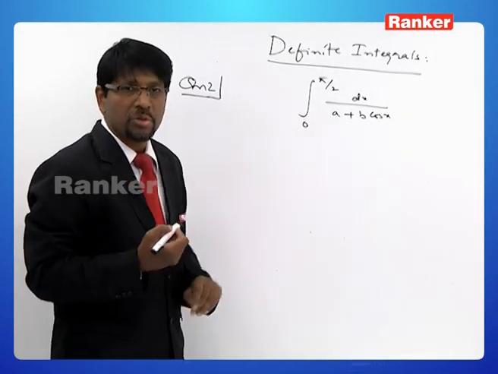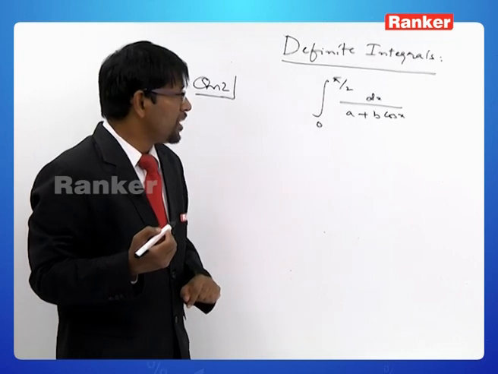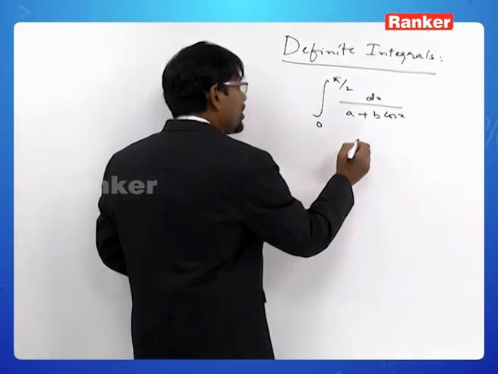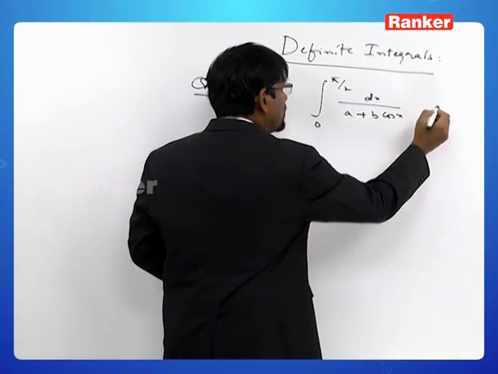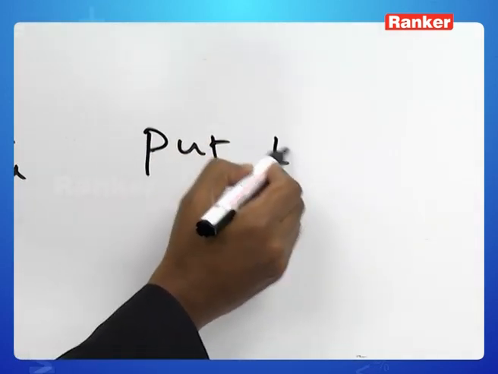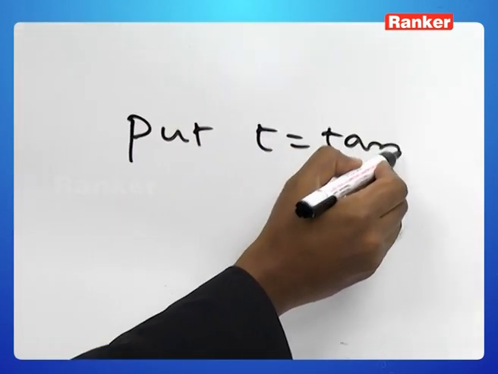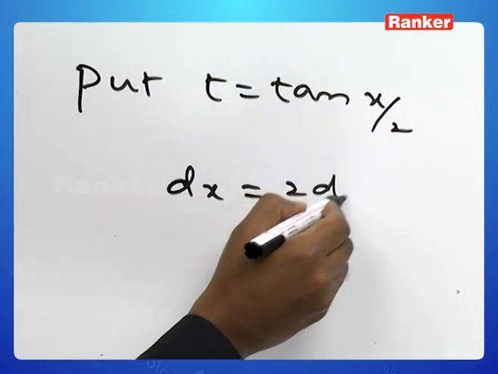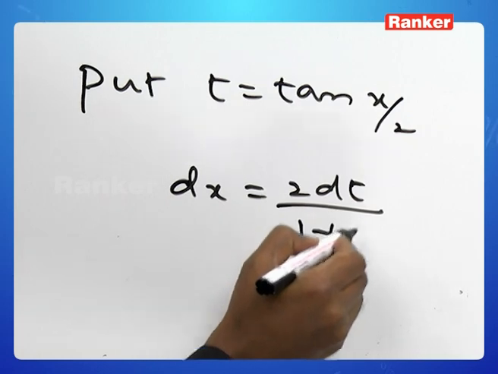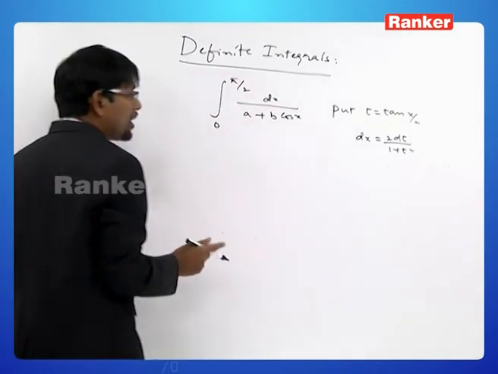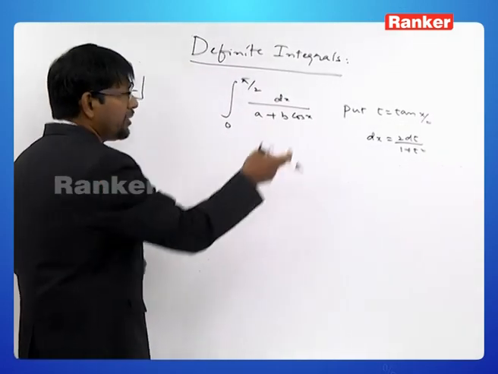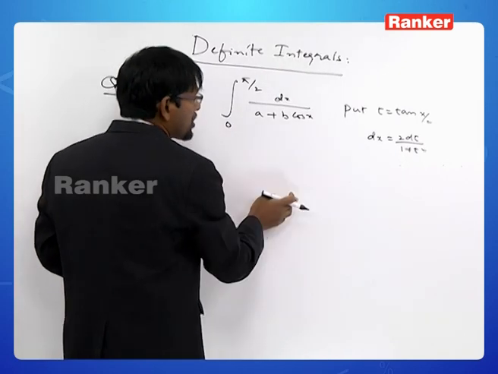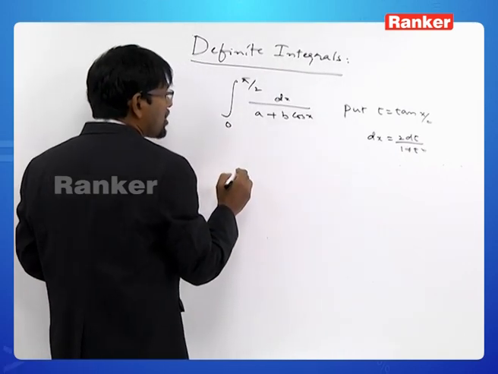The substitution that we go for is tan x by 2 is equal to t. Then dx will be 2 dt by 1 plus t square. You can simply memorize this part because that will save some time. You can even differentiate it and see that dx is equal to 2 dt by 1 plus t square.